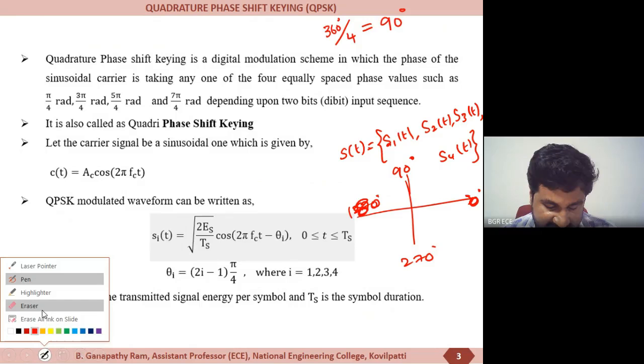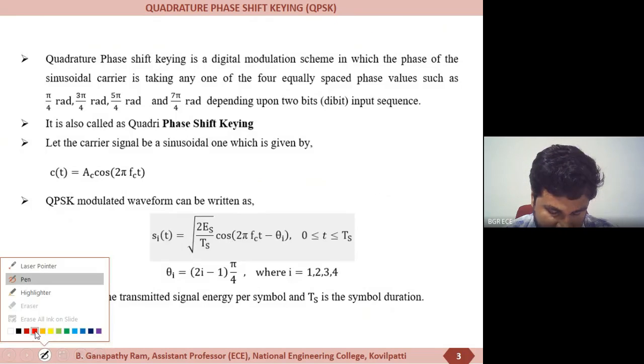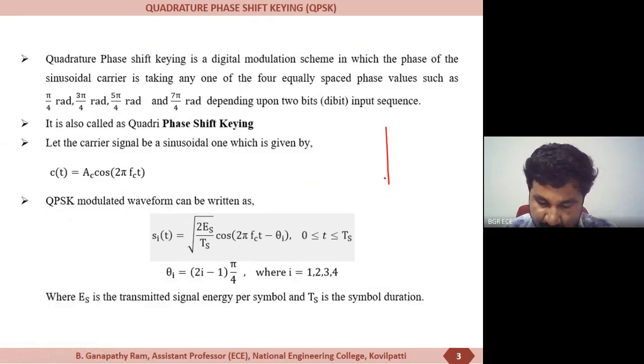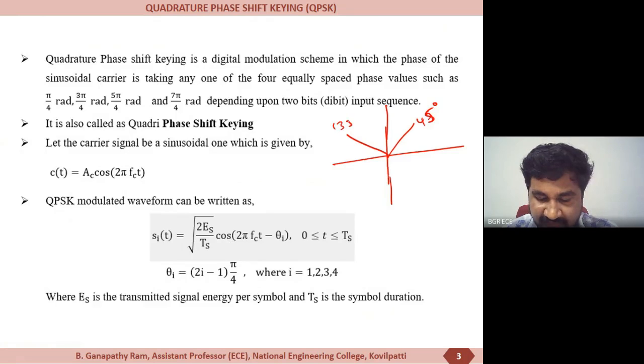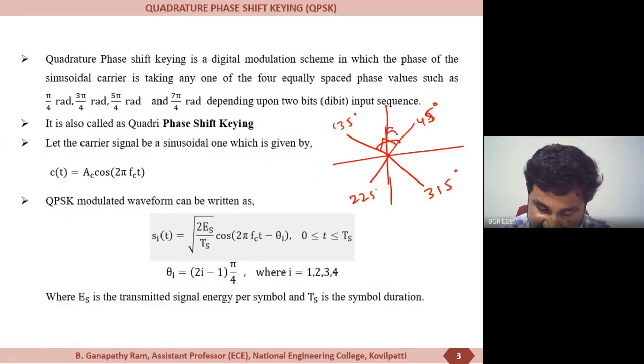On the other hand, we can choose in a different way: 45 degree, 135 degree, 225 degree, and 315 degree, each of which are separated by 90 degrees.